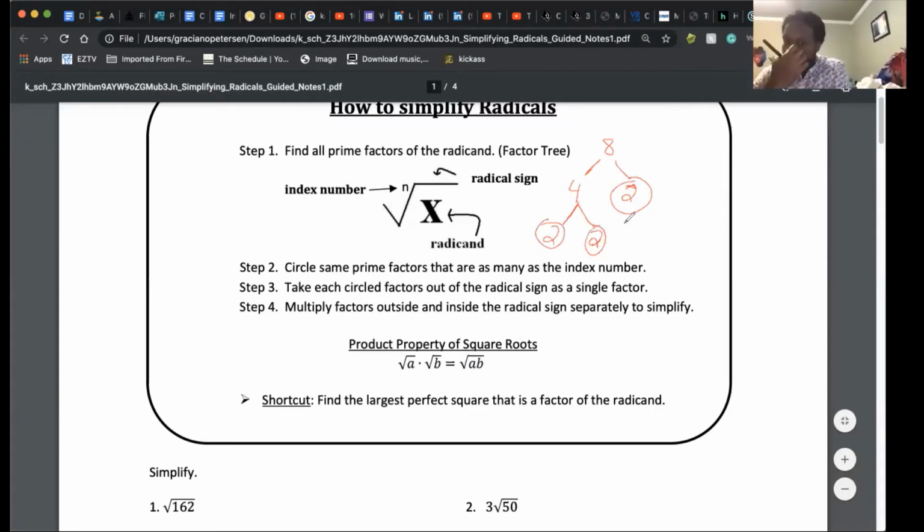All right, and we can do that, but when we're working with bigger numbers, it's going to be harder. So I'm going to show you a different strategy. But this is one way for you to be able to break down your number that is under the radical. Okay.